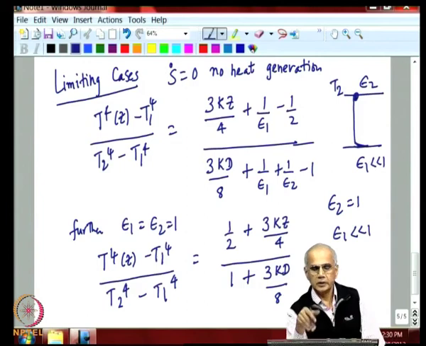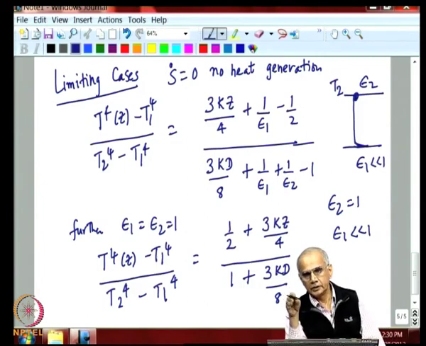So, this is not surprising in this example, because if the heat generation is 0, the gas can only get heat from the two walls, and if the emissivity of the bottom wall is very low, no heat transfer occurs from the bottom wall to the gas. The gas is really radiatively coupled only to the top wall, and the temperature there will approach T2, and there will be a huge temperature slip at the bottom.